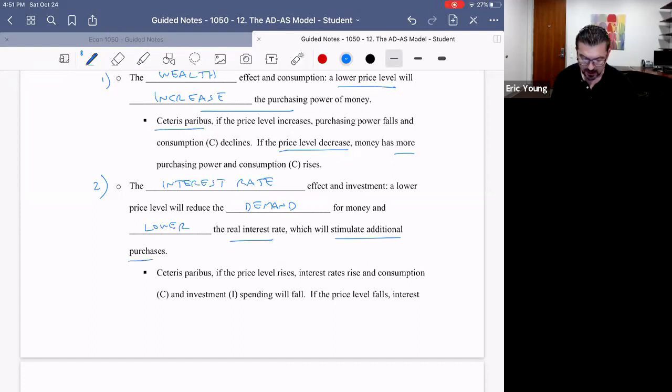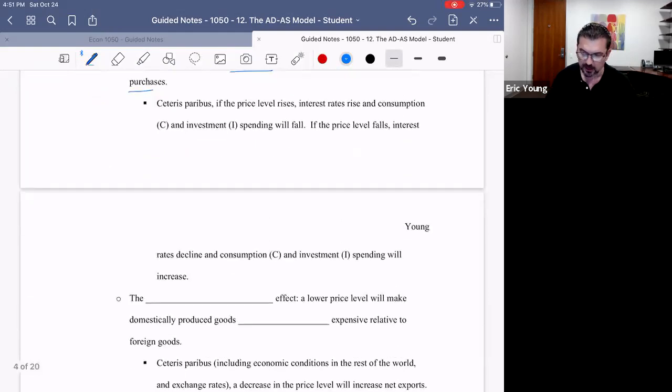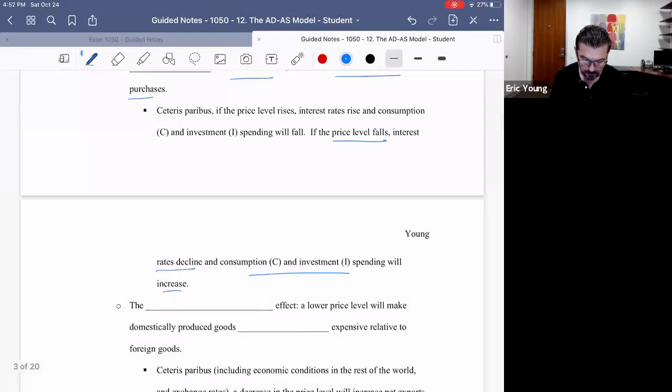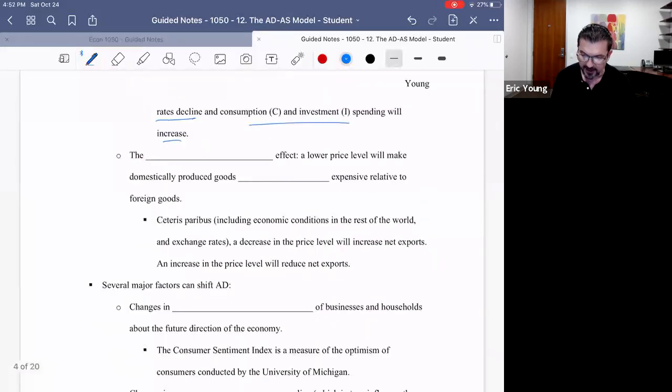The relationship works out like this. Ceteris paribus, if the price level rises, interest rates will rise and consumption and investment will fall. On the other hand, if the price level falls, rates will fall, and as a result, consumption and investment, C and I, will increase. So that's our second big reason, the interest rate effect.